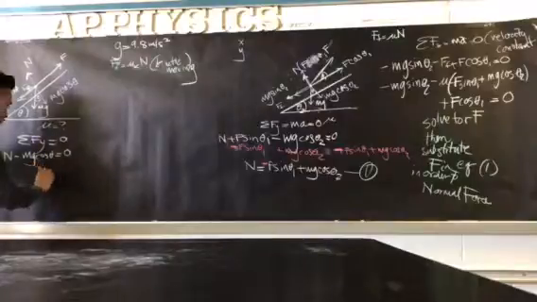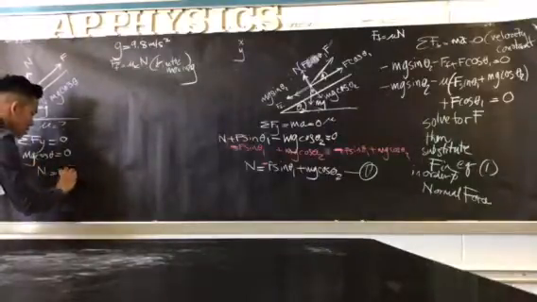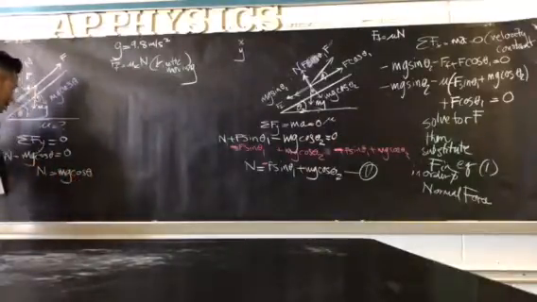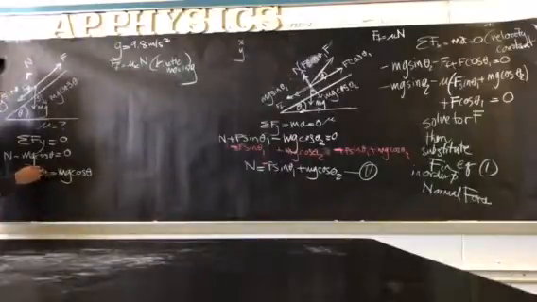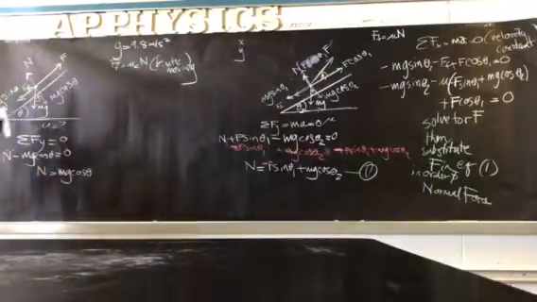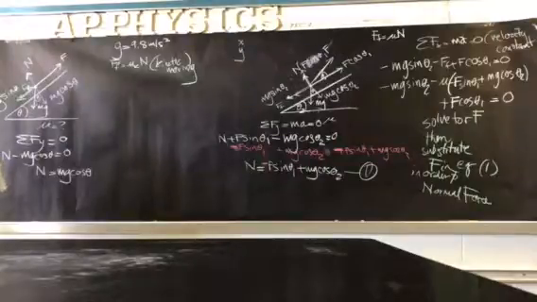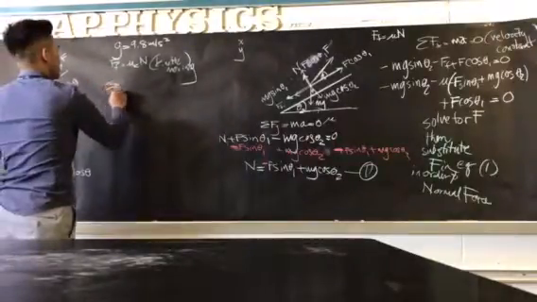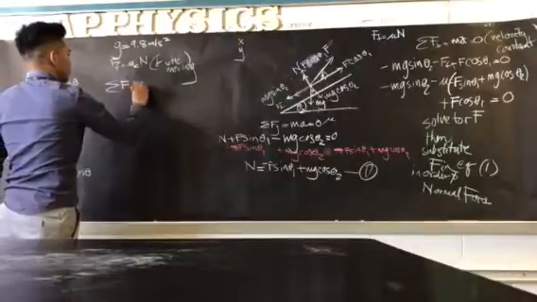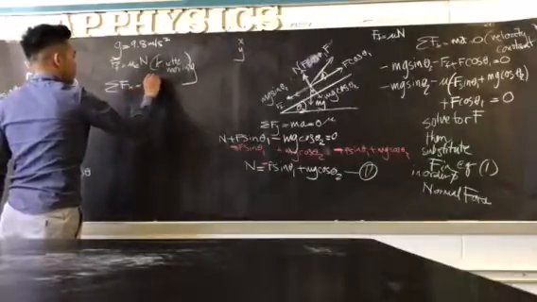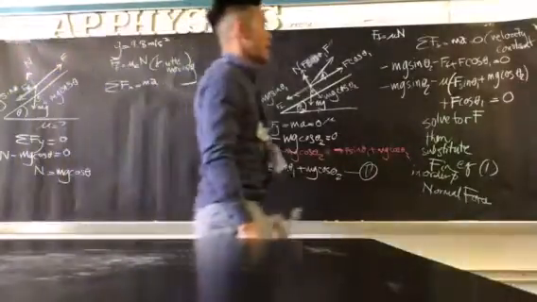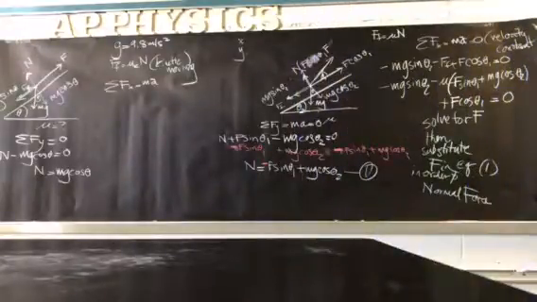Therefore, I could conclude that the normal force is equal to mg cosine theta, because they are in opposite directions. They have to balance out in order for the object not to be lifted up in the y direction. So now I'm going to consider sum of forces equal to ma. But let's go ahead and look at what the question is telling you.